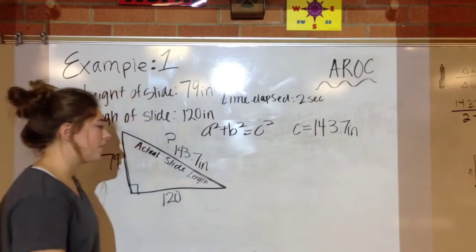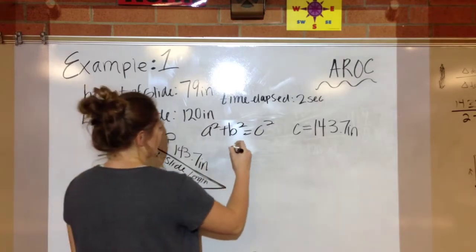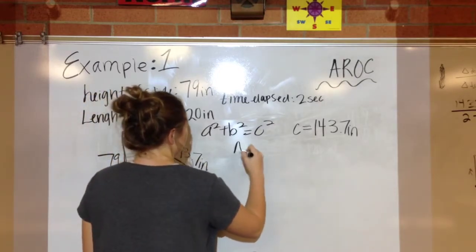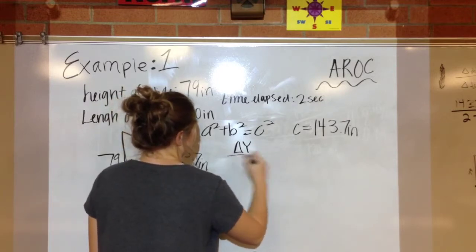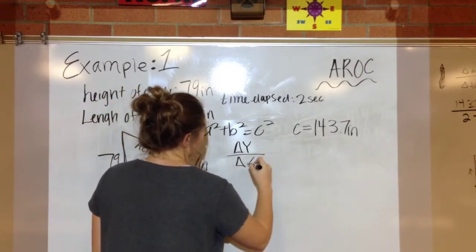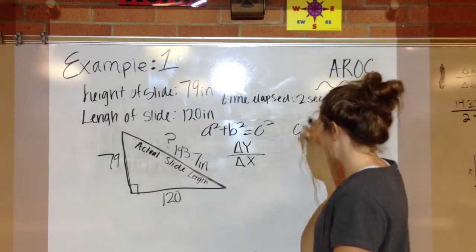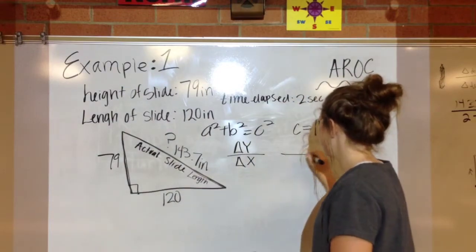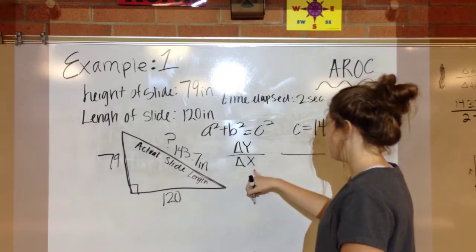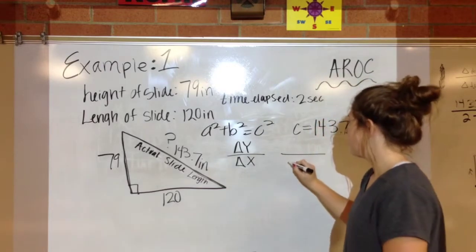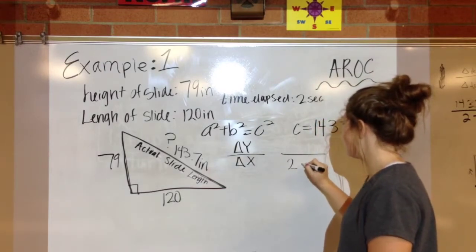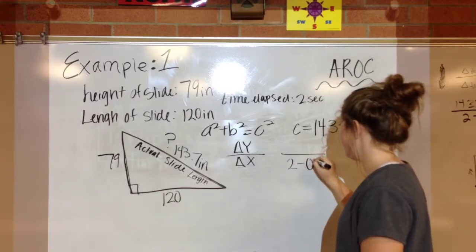So then we need to find the formula, which is the change in y over the change in x. We know that the time elapsed was 2 seconds. So that will go for the x, and it'll be 2 seconds minus 0.